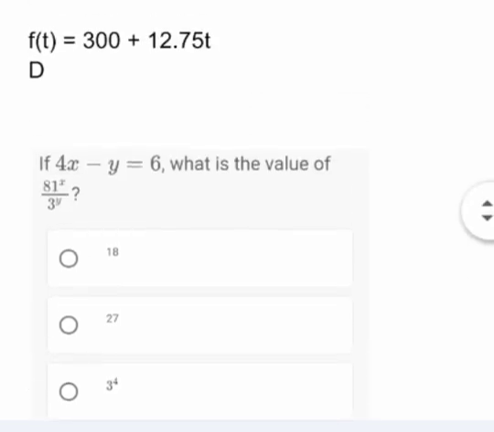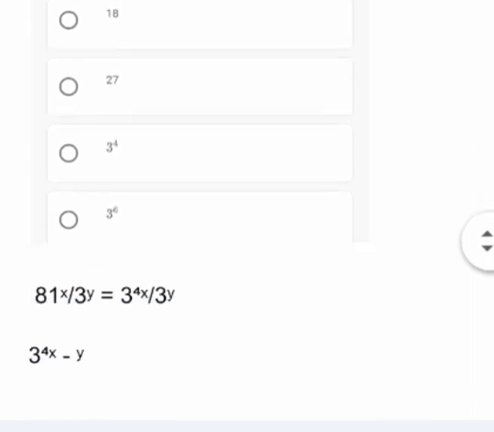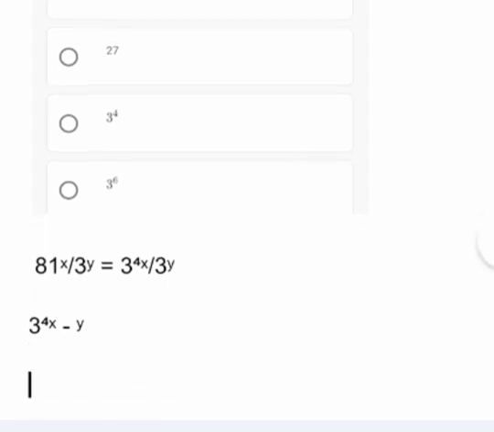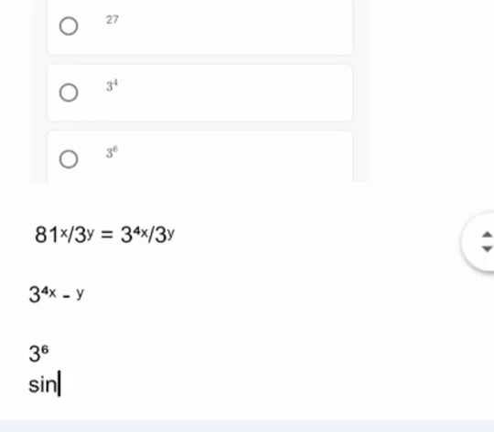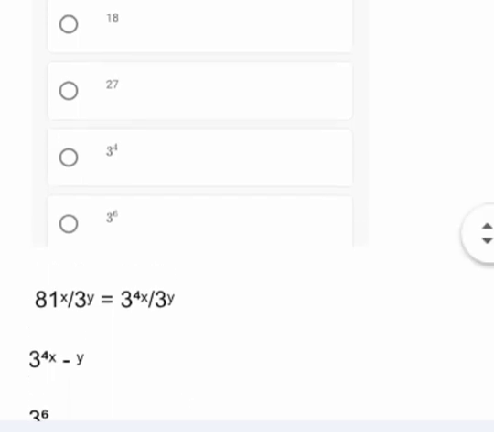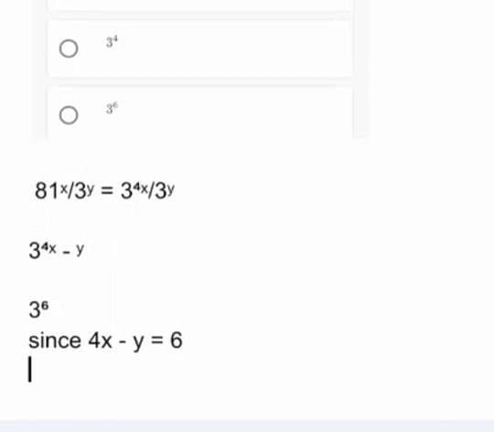Now 4x minus y is equal to 6. Hence our result is equal to 3 raised to power 6, since we simply replace 4x minus y by 6. So the correct option is option D.